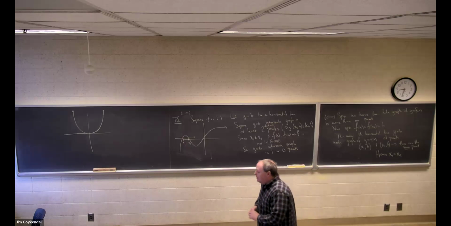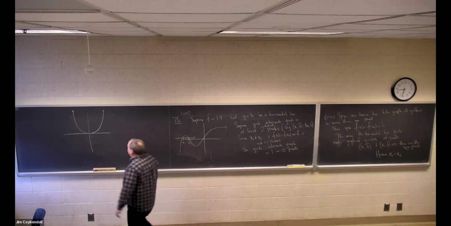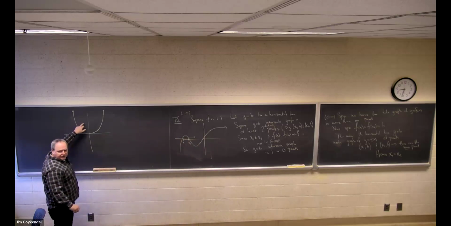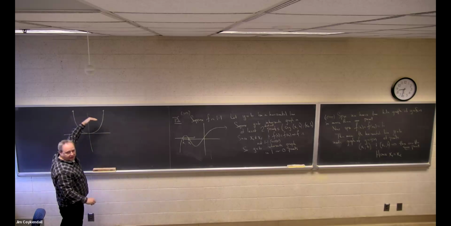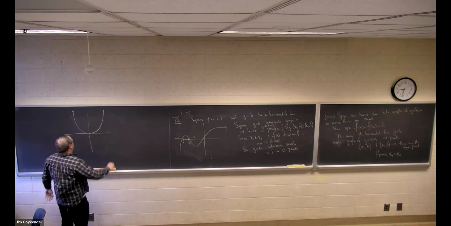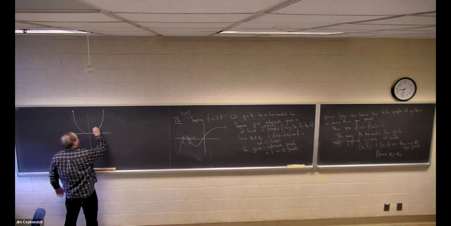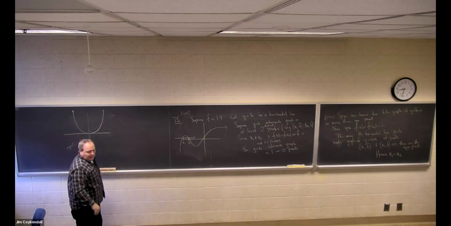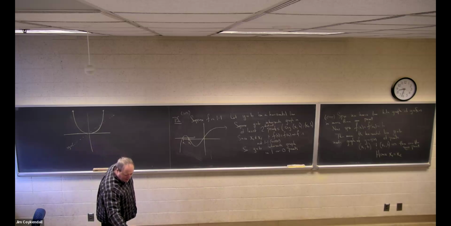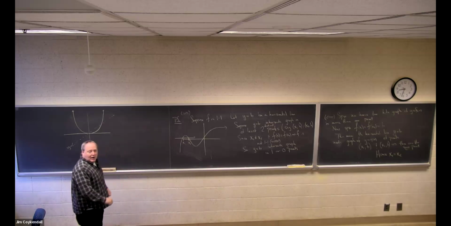So if we were to do this, by the way, does everybody agree that this function is not one-to-one? Because look, there is a plethora of horizontal lines that hit it at more than one point. Here's the line y equals x. What would this look like if I reflect this around the line y equals x?